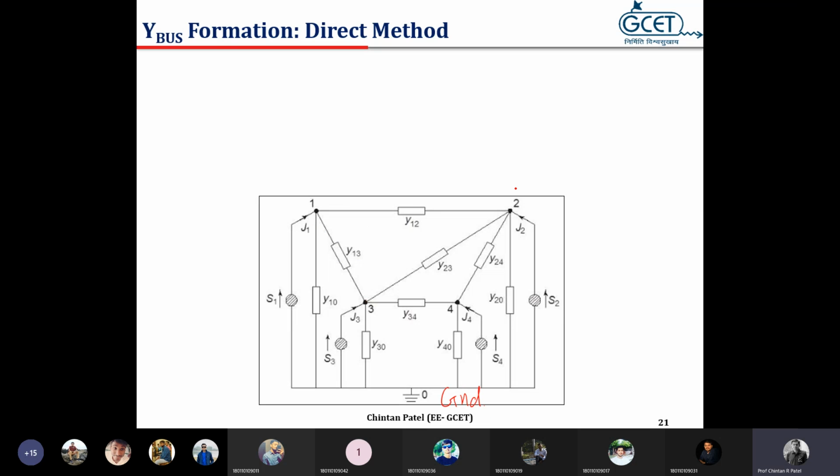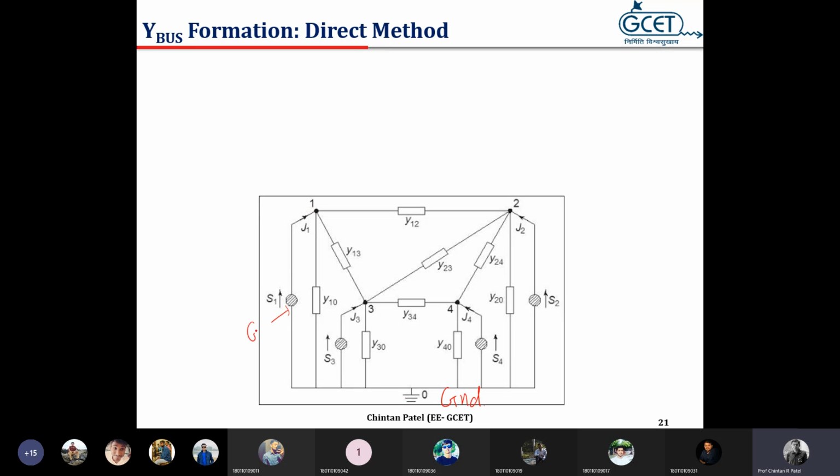And all the 4 buses, now they are shown with the dot, and all the line impedances, now they are represented with their respective admittances. So bus number 1 is connected with the ground, and between ground and bus number 1 there exists a generator.